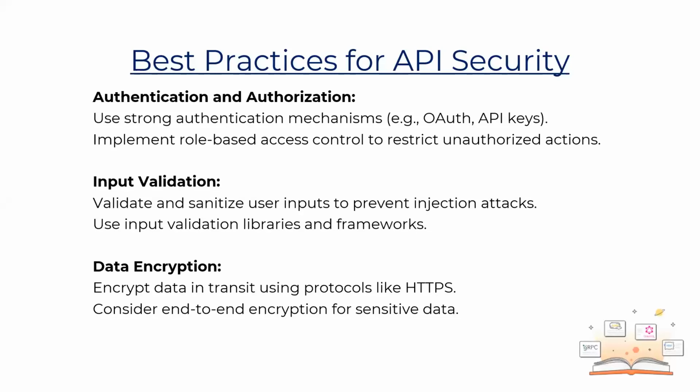One of the ways to assert a secure platform is to see that this platform has HTTPS as part of its domain URL, right? So implement protocols like HTTPS, and use end-to-end encryption for sensitive data.